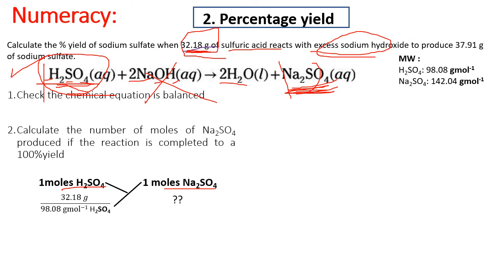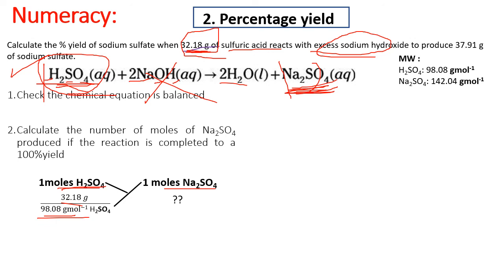The number of moles of the H2SO4 used is equal to the mass, 32.18, over the molar mass, which would be 98.08. How do I get it? The atomic weight of hydrogen multiplied by 2 plus the sulfur plus 4 times 16 for the oxygen, so I get 98.08.